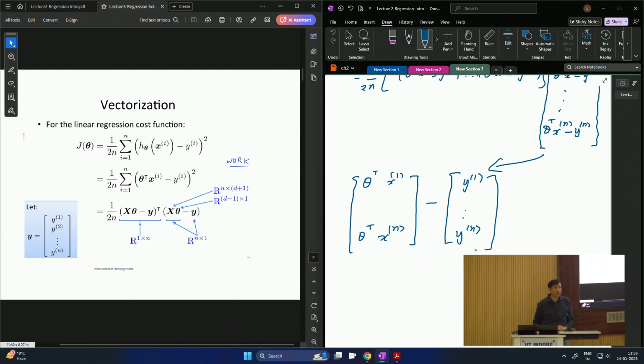I can write this? Yes or no? I've just separated the two vectors, theta transpose x1 to xn and y1 to yn. I've separated them. Now what is this guy?